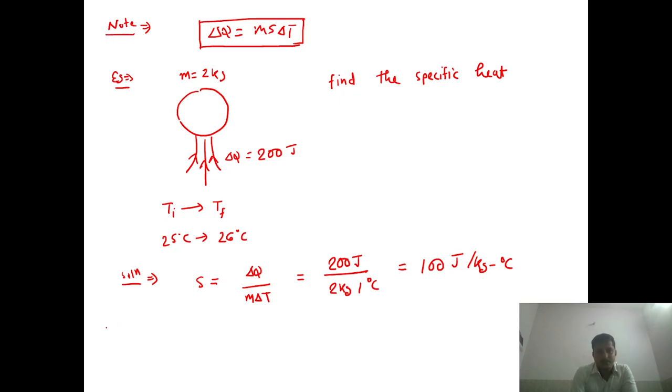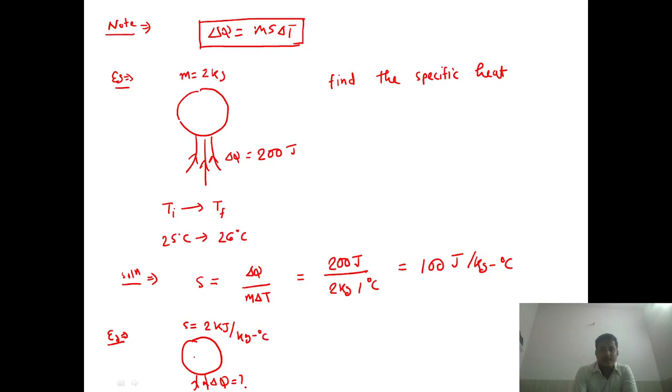This will be our answer for the given problem. Now a similar question: we have this object having some mass, and we do not know how much heat is supplied. We have to calculate how much heat is supplied, given that the specific heat capacity is 2 kilojoule per kg degree Celsius, like this it is given.